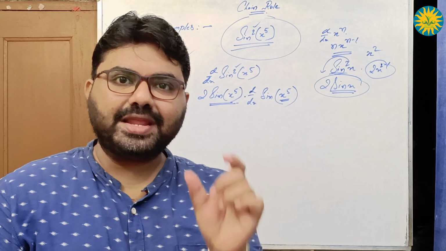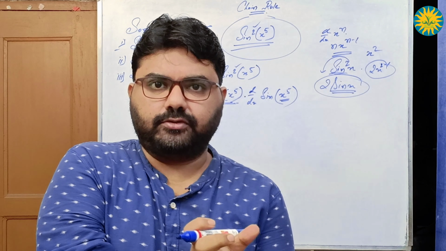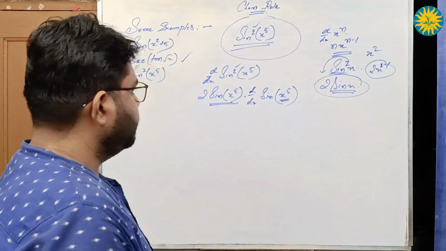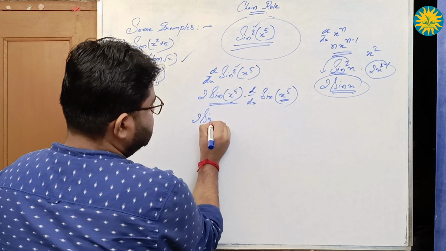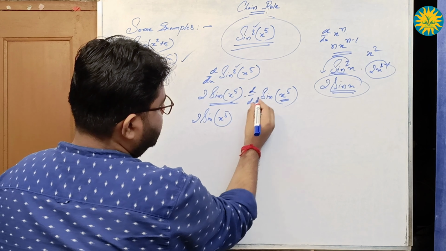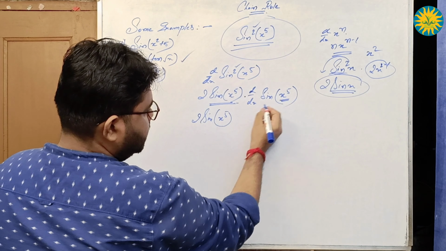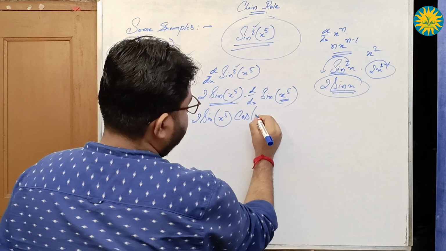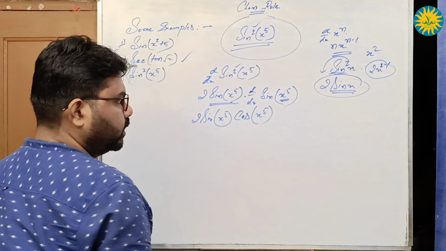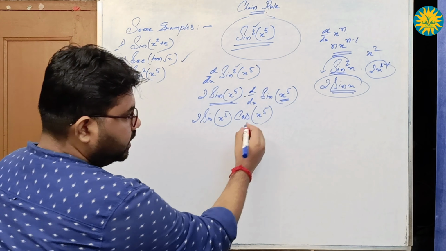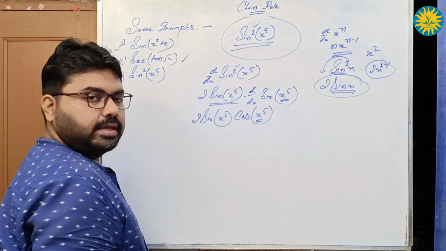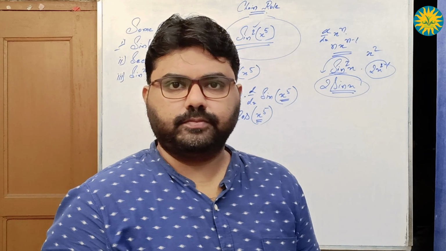But in place of x, we will write x to the power 5. Nothing more than that. Now, therefore, 2 sine of x to the power 5 into d dx of sine x to the power 5, which means cos of x to the power 5.